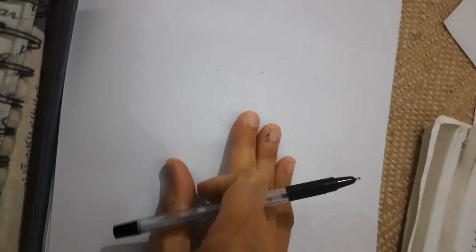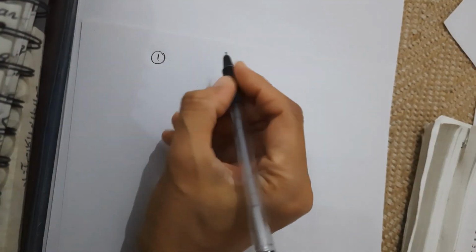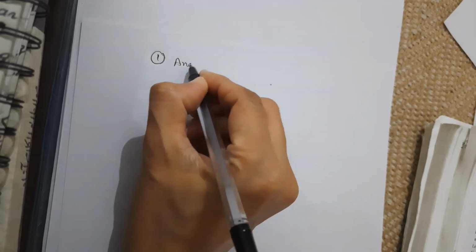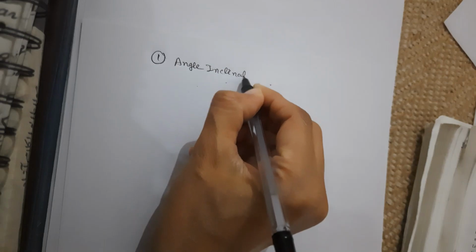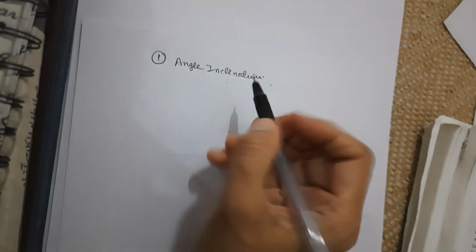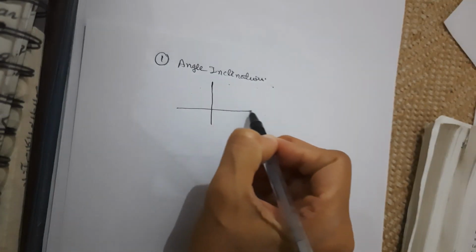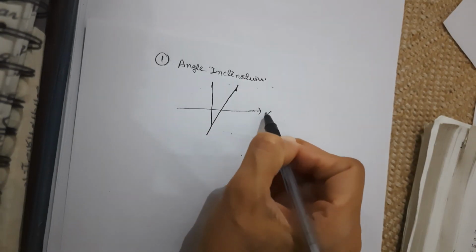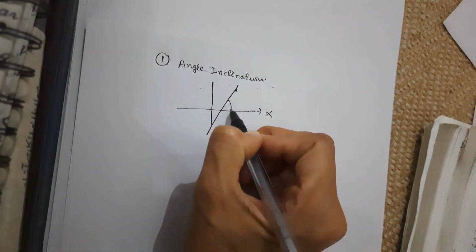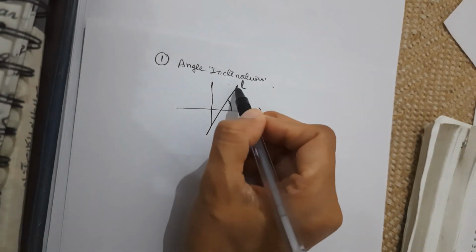So I'll just summarize what we learned in this lecture. The first thing that we saw is the definition of angle of inclination. And what is this angle of inclination? This angle of inclination is always the angle between the x-axis and the straight line.